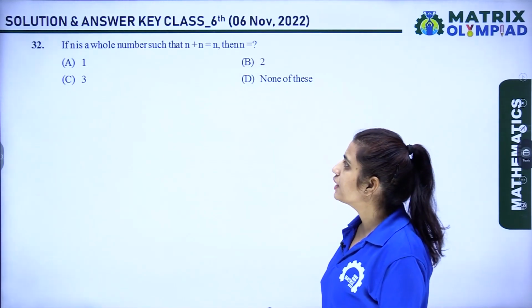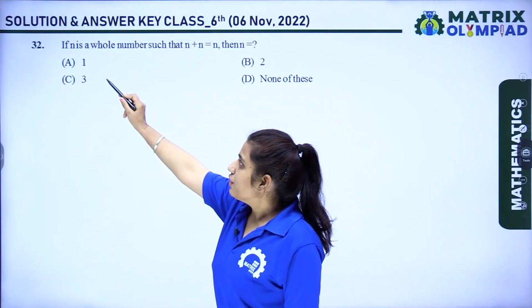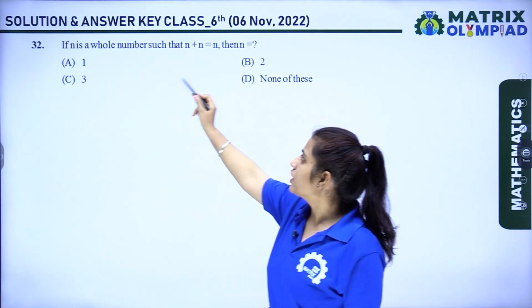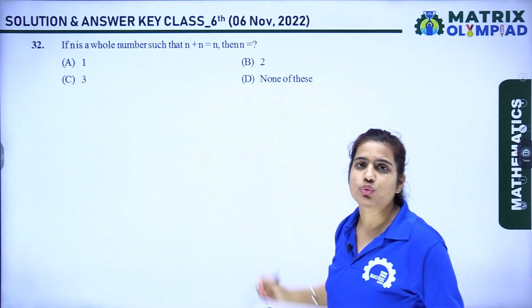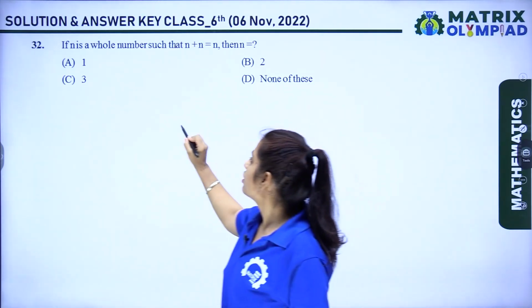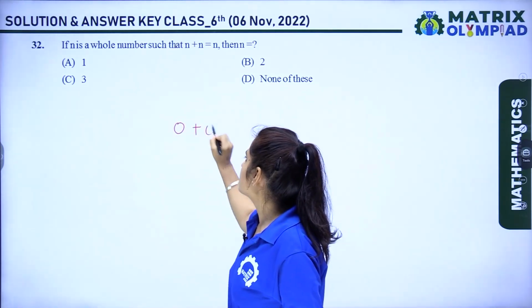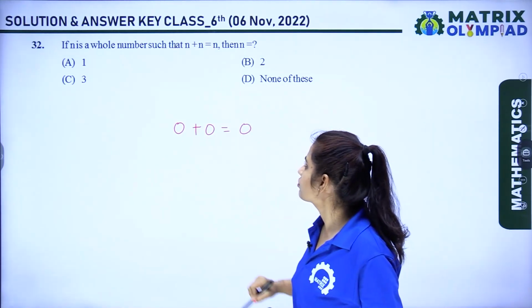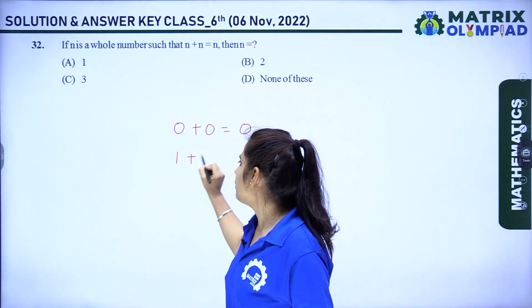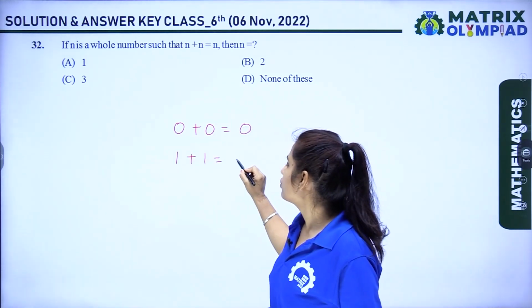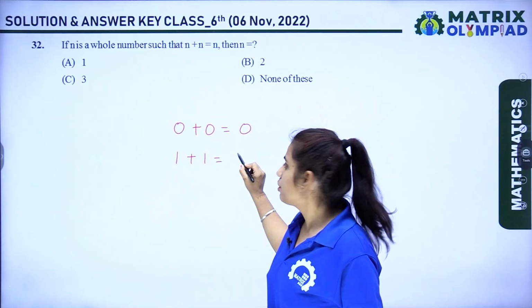Now next question is, if n is a whole number such that n plus n is equal to n, then n is equal to. We know that 0 plus 0 is equal to 0. If in place of n we put 1, so 1 plus 1 should be equal to 1.